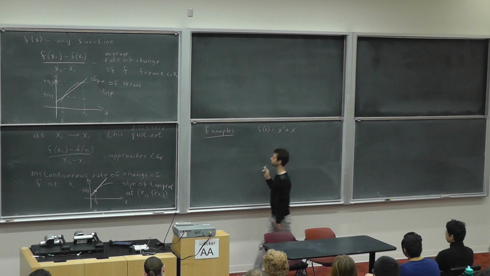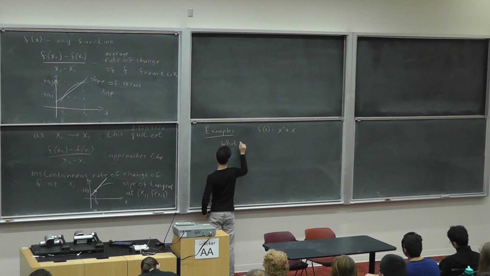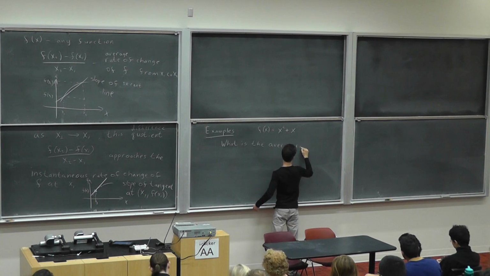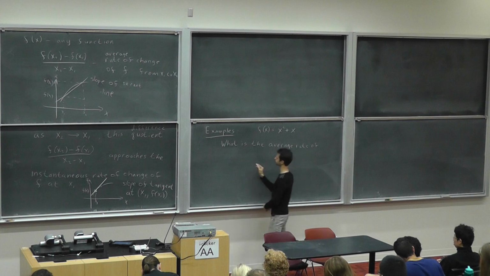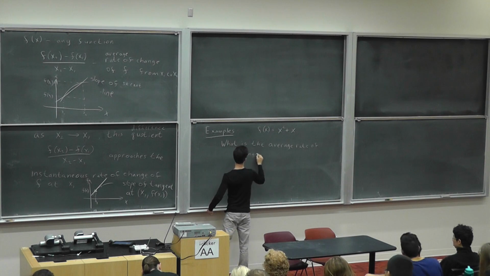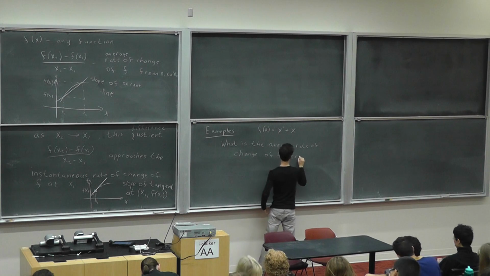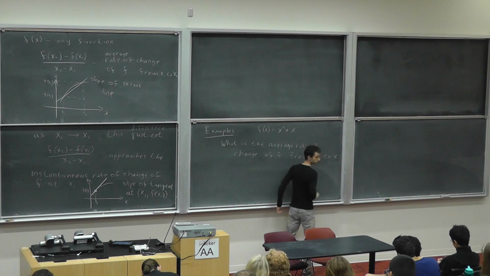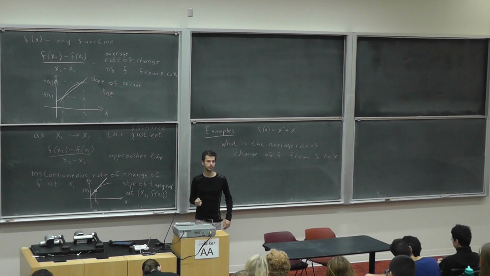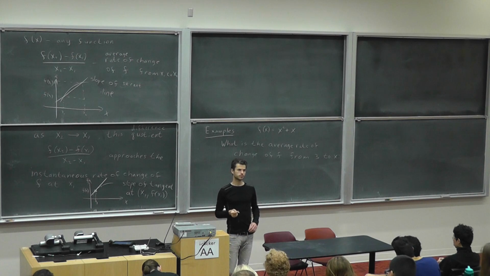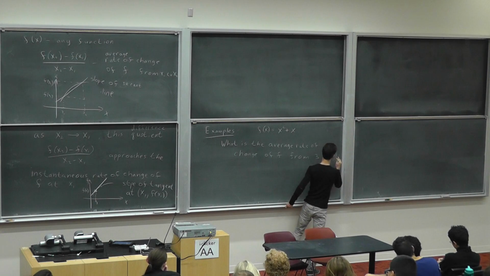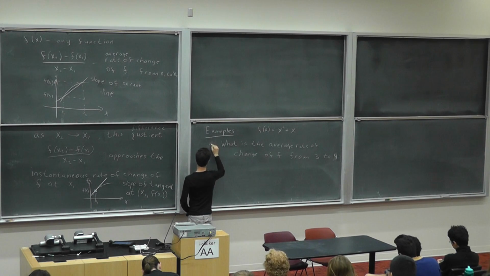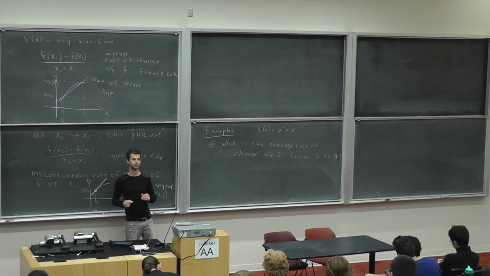And my question is, what is the average rate of change of f from, let's say, 3 to x. Let me start with from 3 to 4. So the first question is, just from 3 to 4.